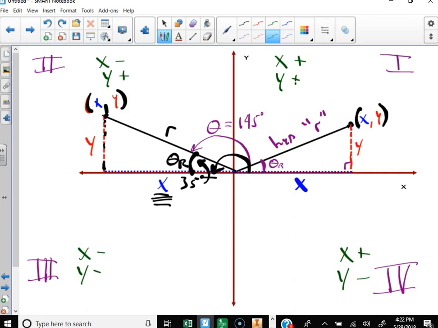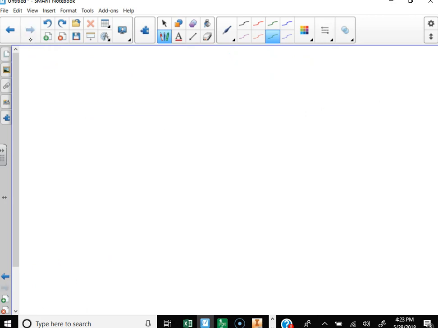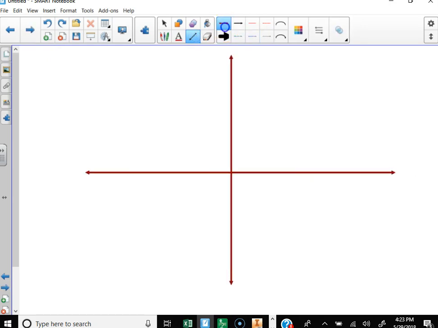So let's do an example here. Let's make one up real quick. So I got a Y-axis, I got an X-axis. We'll do one down in here. All right, and let's give some information.